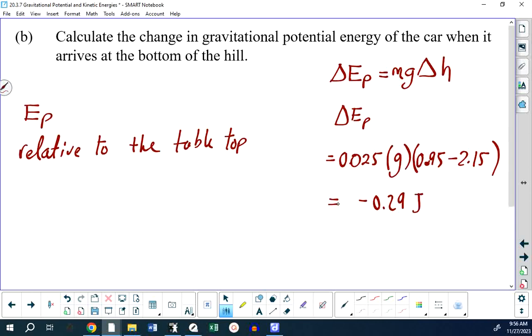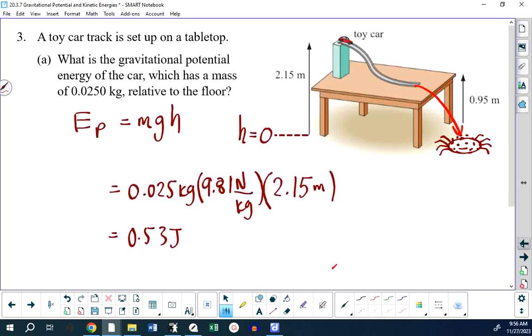On the other hand, if you took this approach and you just said, well, I'm going to find the potential energy it has at the top relative to the tabletop, what is the height of the car relative to the tabletop? Well, it's going to be 2.15 minus 0.95, isn't it? Which is 1.25, I think.